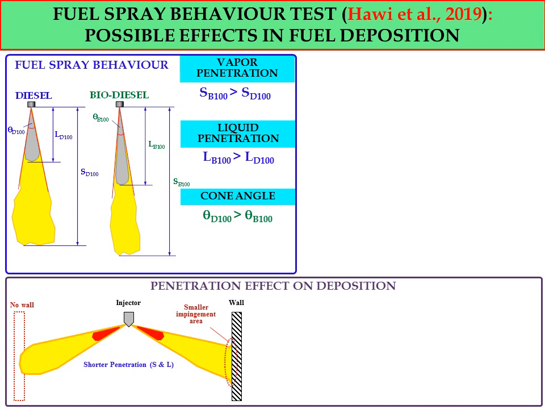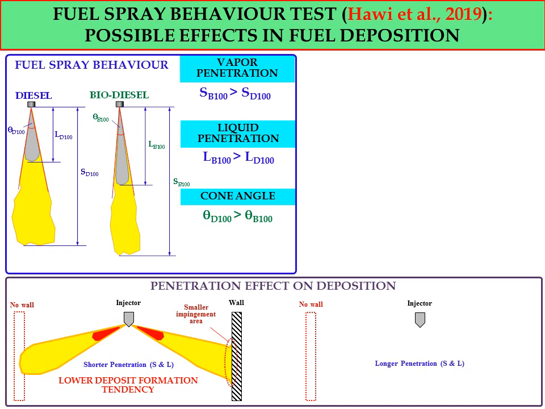From this shorter penetration, we will have a smaller impingement area. If the fuel spray impinges on the hot wall in an actual combustion chamber, this condition will probably give a lower deposit formation tendency.